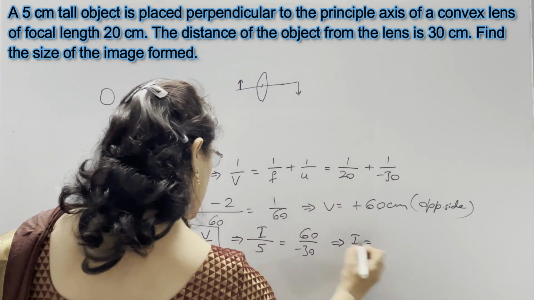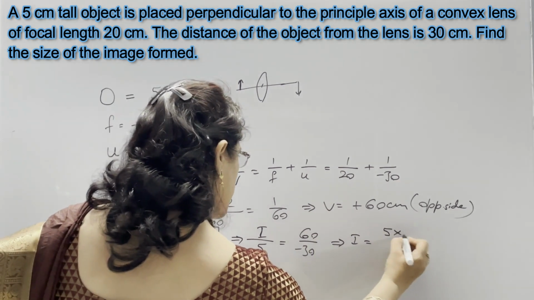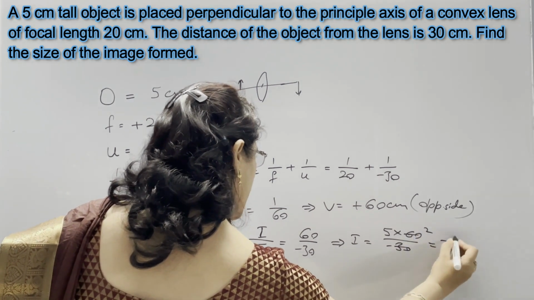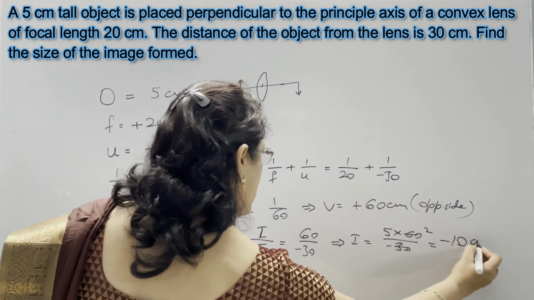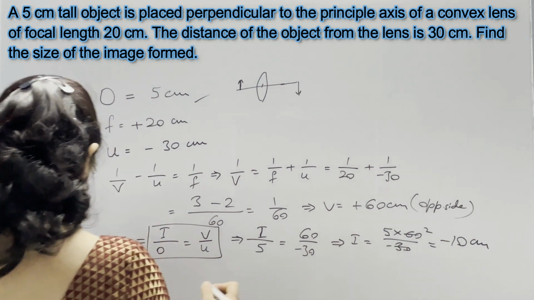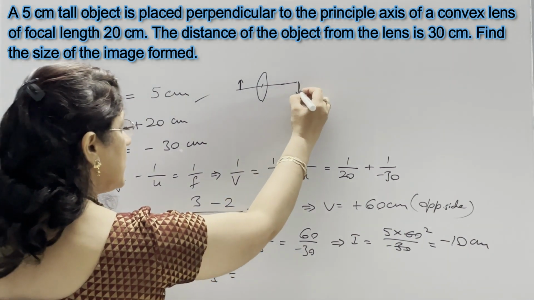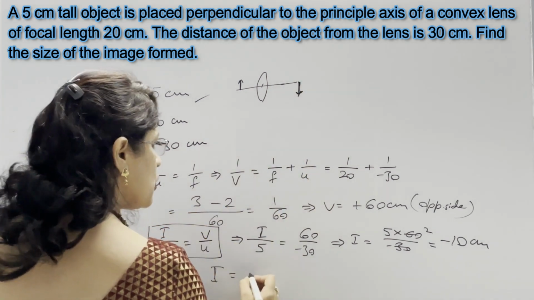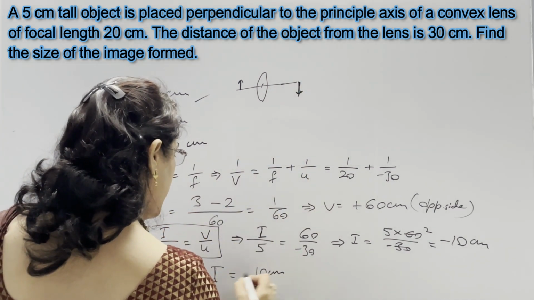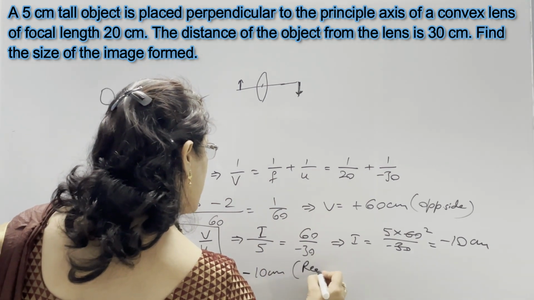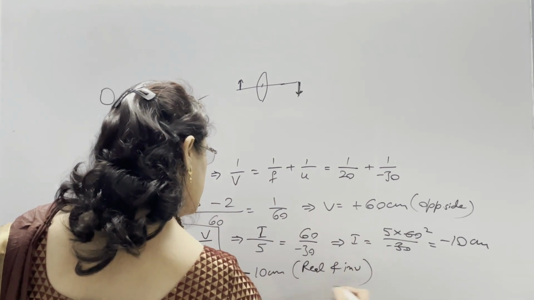So value of I comes out to be 5 multiplied by 60 divided by minus 30. It means minus 10. Value comes out to be minus 10 centimeters. So the value of I means the length of this image is 10 centimeter, and minus sign shows that it is a real and inverted image.